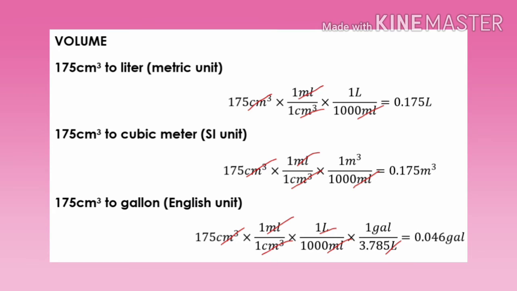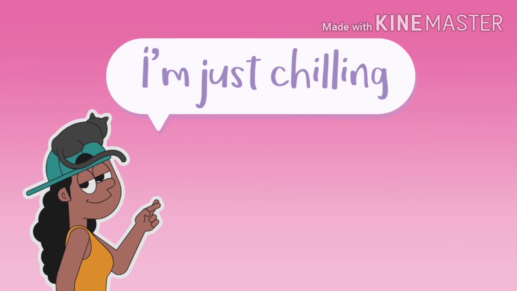The example is 175 cubic centimeter times 1 mL over 1 cubic centimeter times 1 liter over 1000 mL is equal to 0.175 liters. I hope we get the same answers from before.